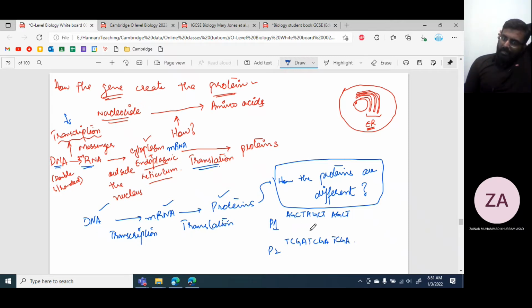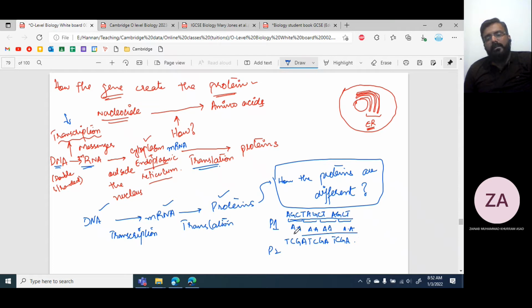Now, if the group of three defines the amino acid, then this is amino acid 1, this is amino acid 2, this is amino acid 3, and this is amino acid 4.